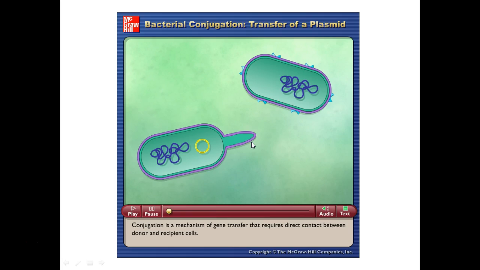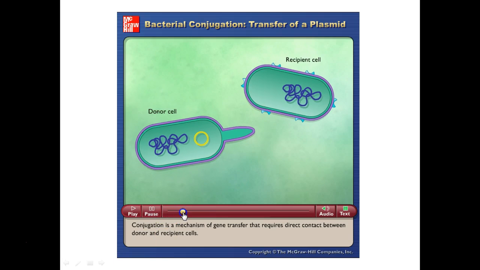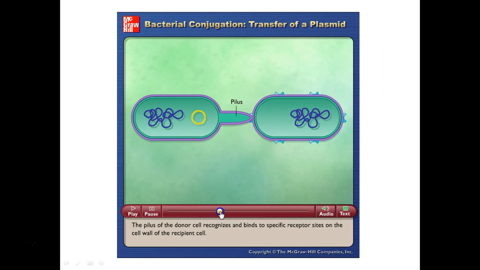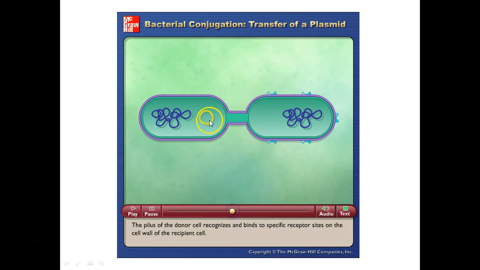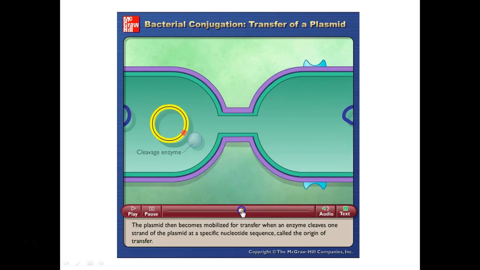Other bacteria have receptors for sex papillae on their surface. So this allows the joining to happen. So these two cells join up, and you can tell by the fact that this one has the plasmid and this one doesn't. This one's the donor and this one's the recipient. They're going to join up. That creates a hollow tube between them. And he'll make a copy of his plasmid and send it over to his friend.